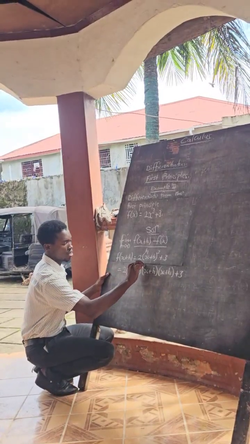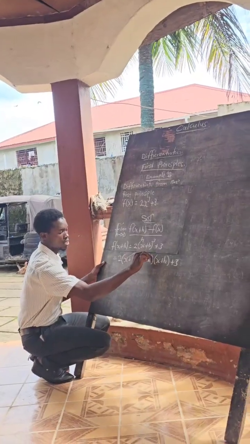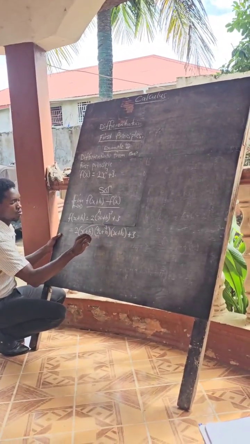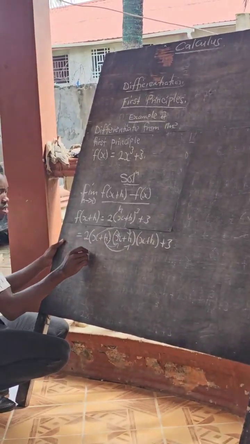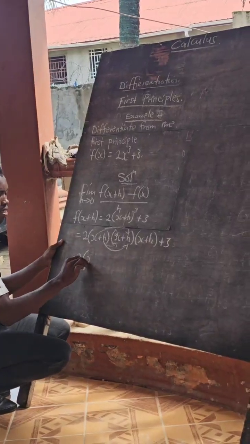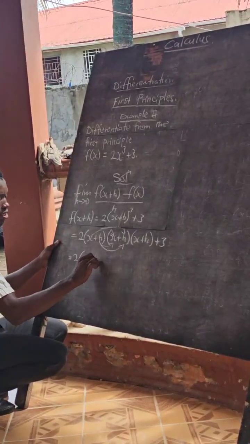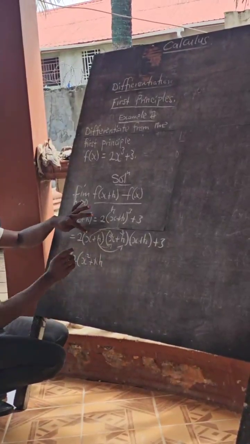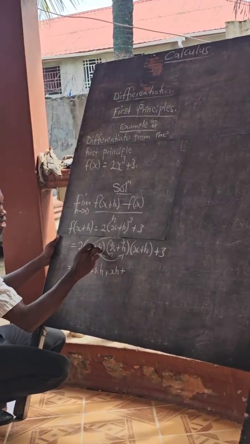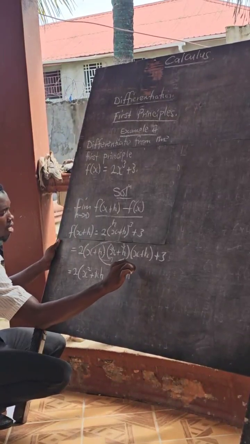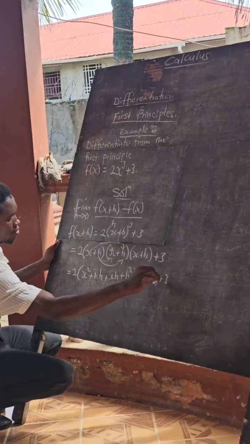Meaning we multiply x by x, and the same x with h, and then h multiplied by x, and h by h. So this will give us 2 into x squared plus xh plus xh plus h squared, all multiplied by x plus h plus 3.